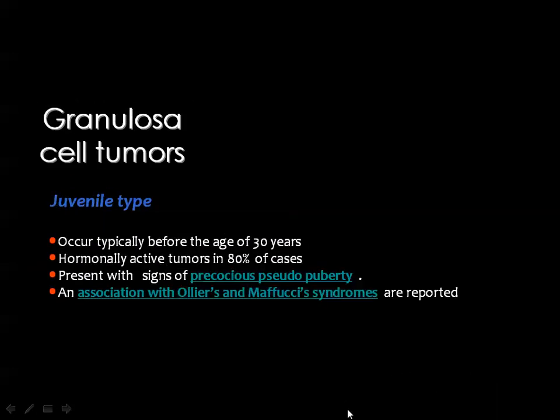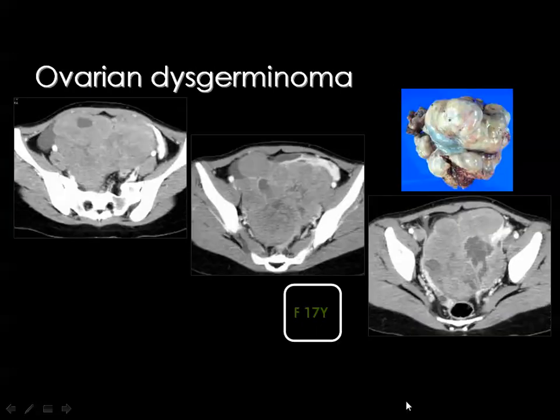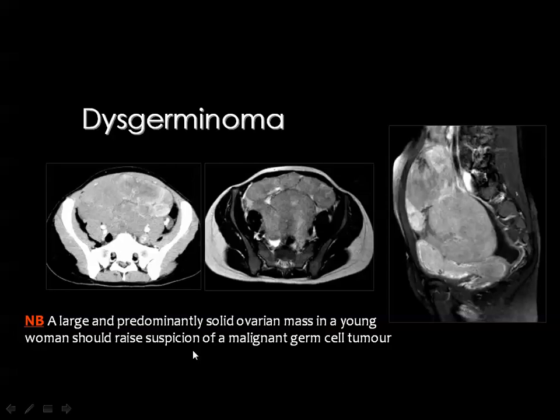And the juvenile type is more common than the adult type. And this is a female, 19 years old, and you see a big mass in the pelvis with solid component and cystic component. And this is another example. You should remember the age of the patient is young and the tumor is big. These are the two main criteria that can help you suspect the possibility of a germ cell tumor or germinoma.